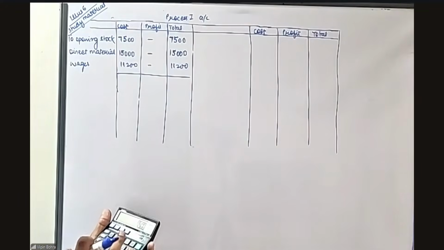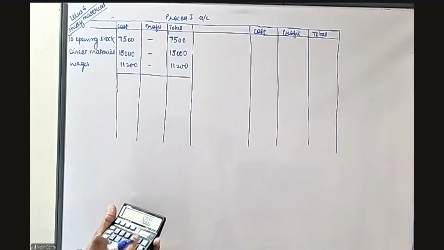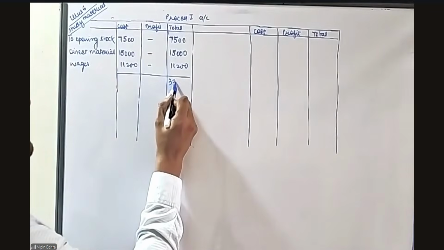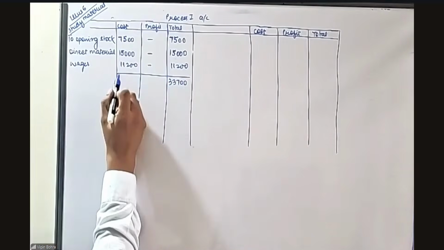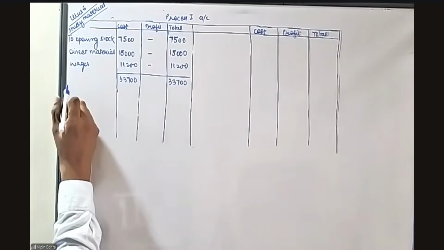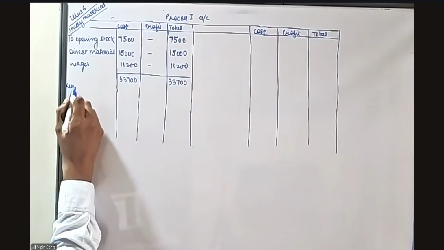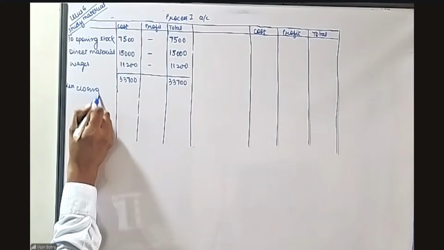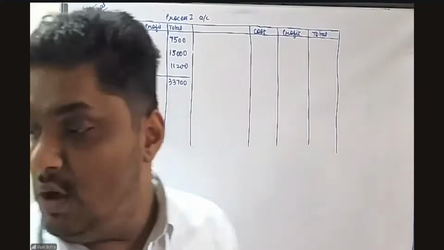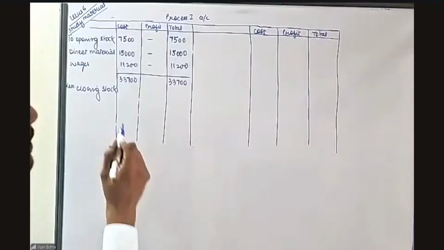So here in the total, it is 7,500, 15,000 and 11,200. So it is 33,700. We can deduct the closing stock from here also. Both the approaches are correct. And my closing stock is 3,700.